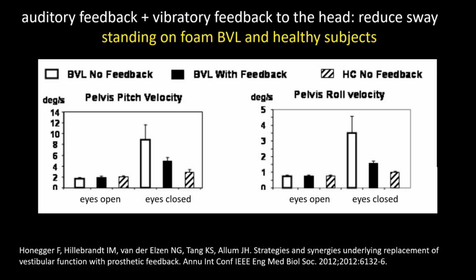There's hardly any difference between patients with or without feedback. But when the eyes are closed, you see that patients with bilateral loss without feedback have a lot of instability, which decreases when they have feedback.